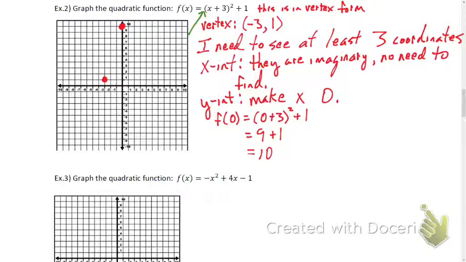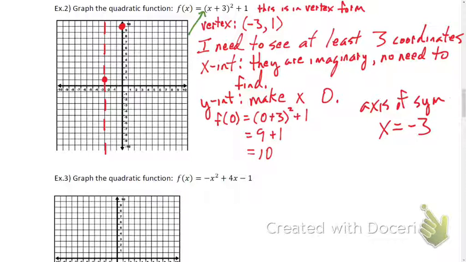I need one more coordinate, and I already know what it is, because remember we have an axis of symmetry here. By the way, axis of symmetry is the x value of the vertex.